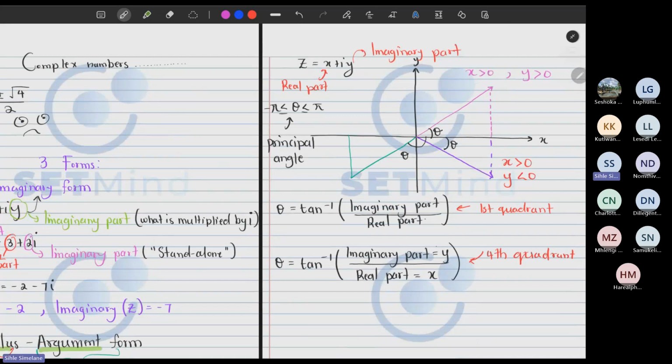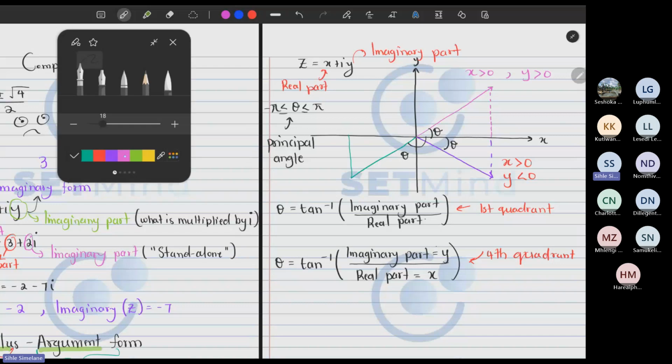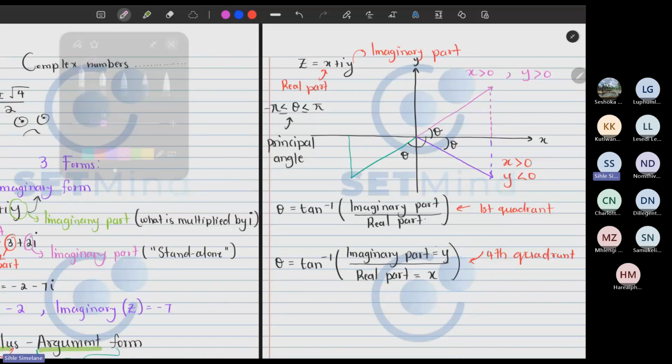Okay, so when you go to the third quadrant, we know very well that our x is less than 0, meaning the real part is less than 0, and the imaginary part is also less than 0.